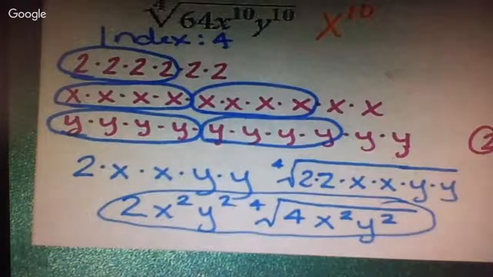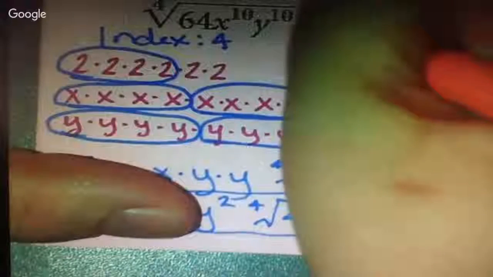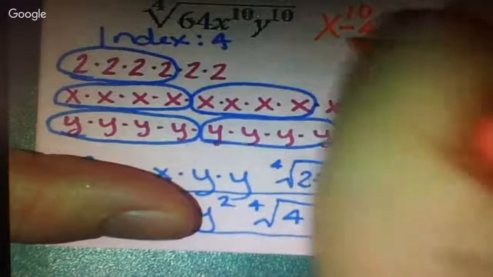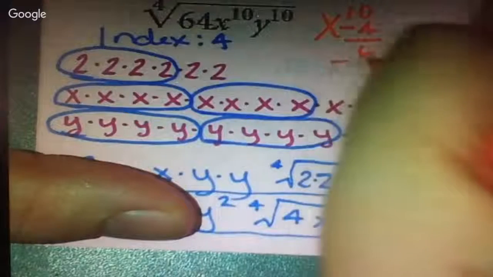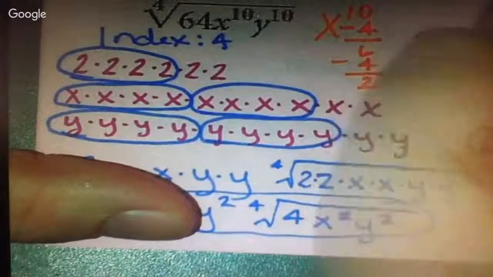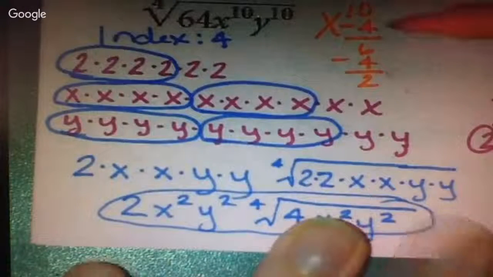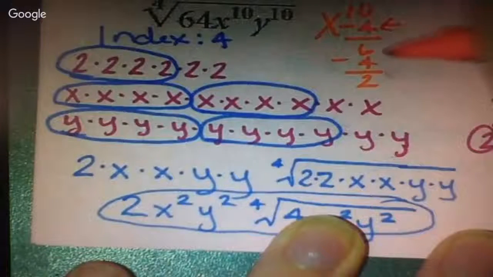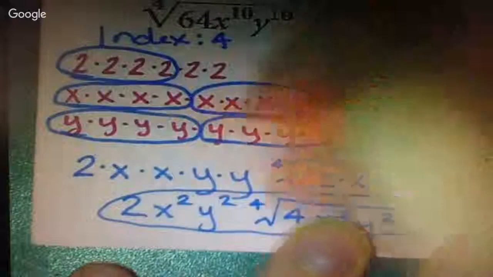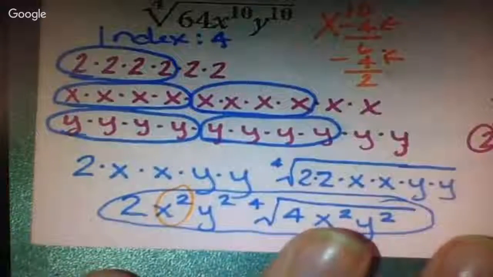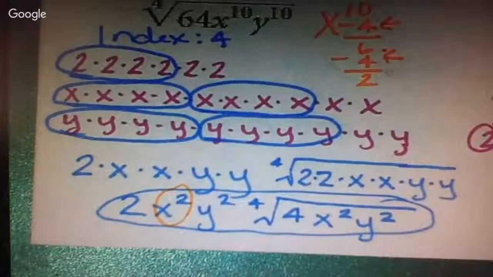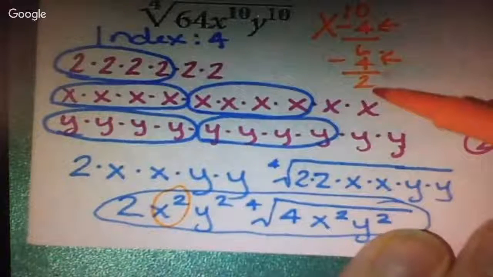Groups of 4. What's 10 minus 4? 6. What's 6 minus 4? 2. Can I subtract again? No. So I subtracted 1 two times. X to the 2nd came out front. How many x's are left? 2, back underneath.